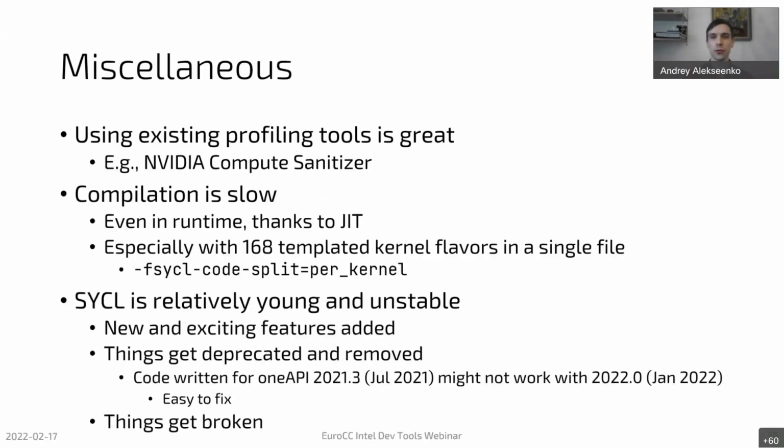Another note from our journey to enabling SYCL support in GROMACS is that existing tools are great. It's a great benefit to be able to use different tools from different vendors. For example, using the compute sanitizer from NVIDIA helped us find a bug that was present on all backends.